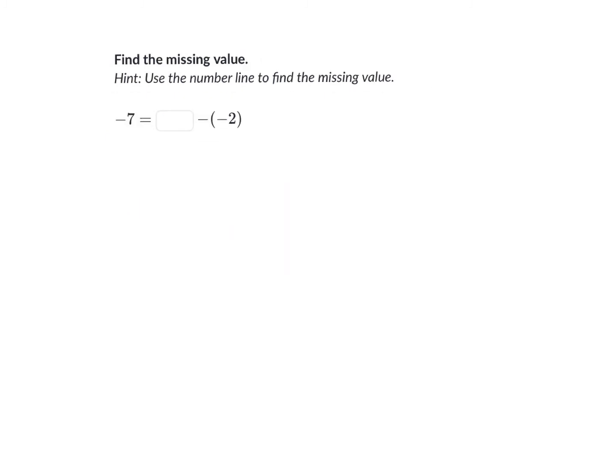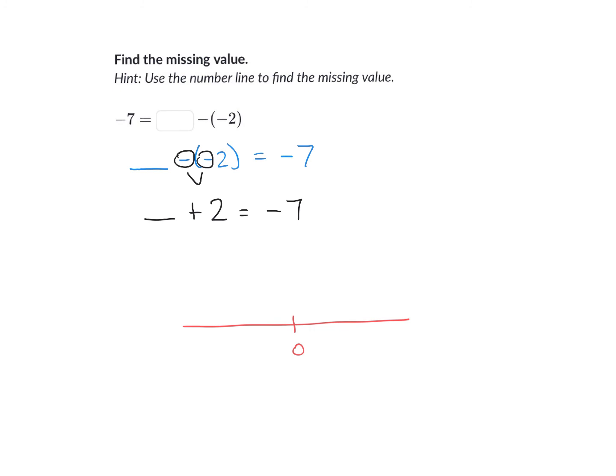Okay, let's take a look at this next one. Now, we're not used to seeing the equal sign on that side, so I'm going to rewrite it this way because I'm more comfortable with my equal sign there. And then look, I can draw my happy face in. A negative and a negative give me a positive. Now I'm going to use that number line strategy. I'm starting here. I need to get to -7.